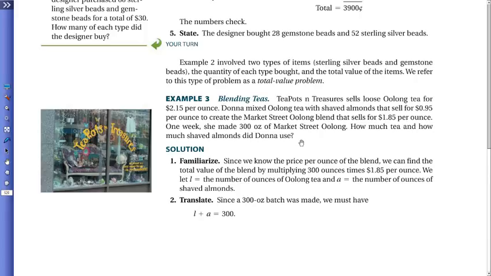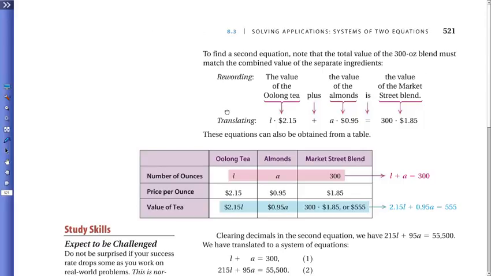I can make an equation out of that. It's going to be oolong tea, number of ounces, plus number of almond ounces, will equal 300 ounces. So there's one of my equations. To find the second equation, note that the value of the 300 ounce blend must match the combined value of the separate ingredients. That's why they jump to that.